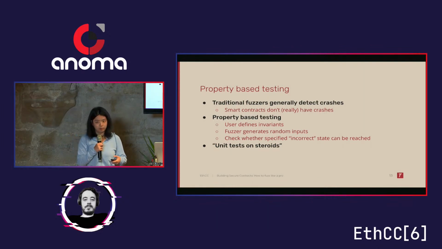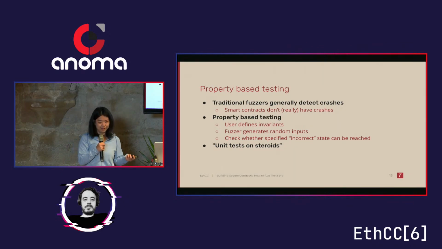What we mean by property-based testing is, from a user perspective, they're going to define invariants. They're basically going to say these are assumptions that should hold true in a code base. And the fuzzer is going to randomly generate inputs, call a function, and see whether there are violations of a certain property. So generally, we're looking for violations of a property and not necessarily crashes.